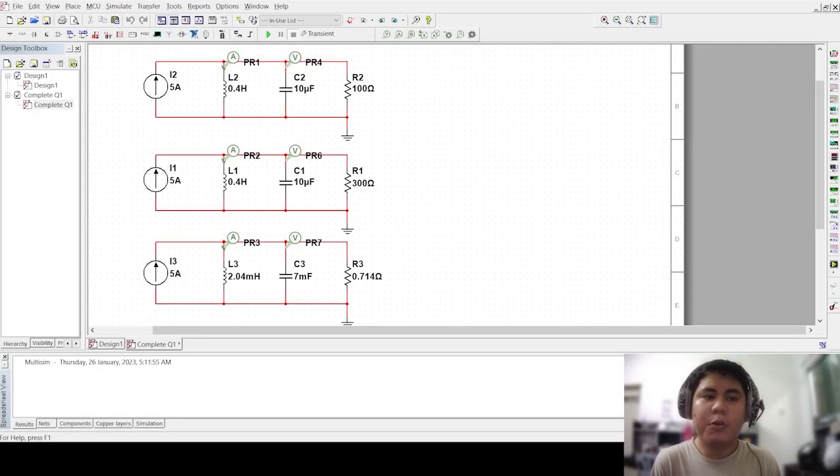My name is Muhammad Azran bin Muhammad Nasrun, and today I'm going to simulate the circuit of our assignment. For question 1, we must simulate the circuit designed in question 1a and plot all the responses of VC and IL for t more than 0 seconds.